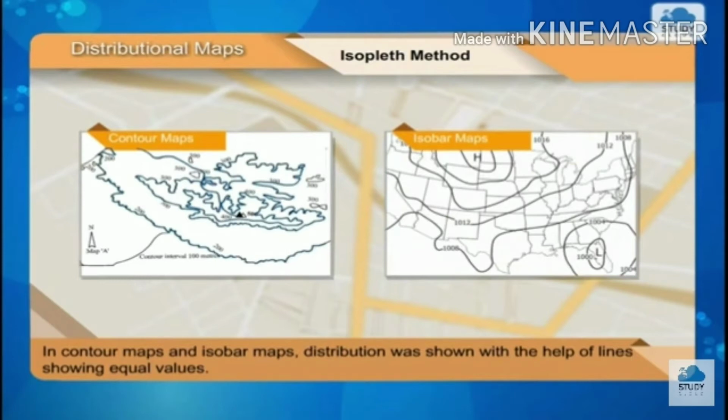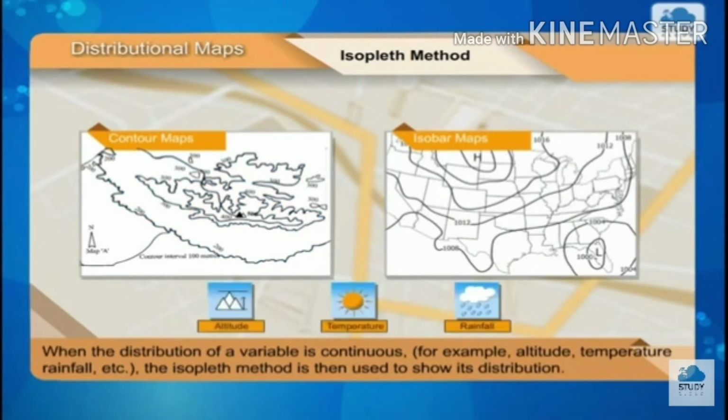When the distribution of variables is continuous, like altitude, temperature, rainfall, etc., the isopleth method is used to show these distributions. For these maps, we need to obtain accurate data regarding the altitude, temperature, rainfall, etc. of some places in a region.